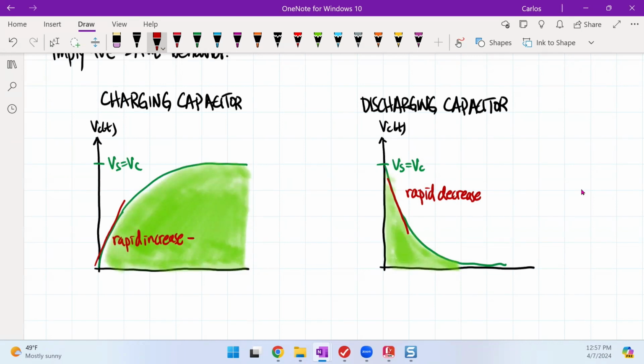So this immediately tells me that this is a large charging current. This one is telling me that this is a large discharging current.